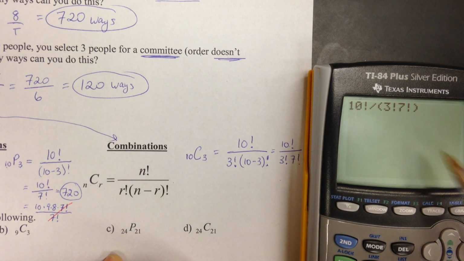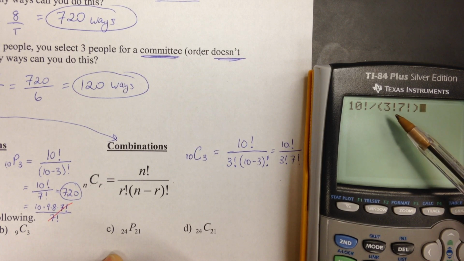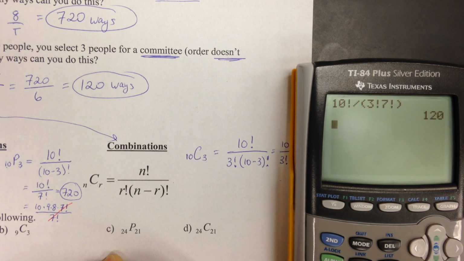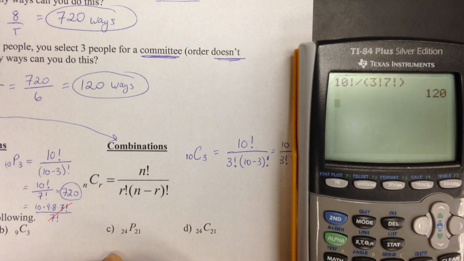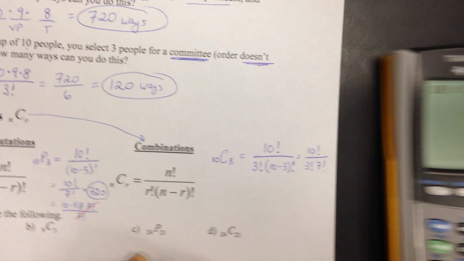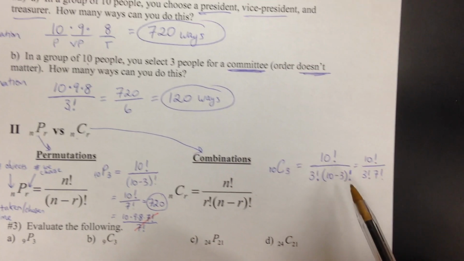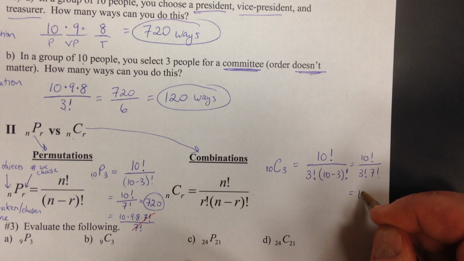The way that I'm typing it with the slash for division, I have to put this in parentheses because I'm dividing by this whole thing. And what we get is 120 for that. And that was the answer that we got in number 2, part B. Okay, 120.